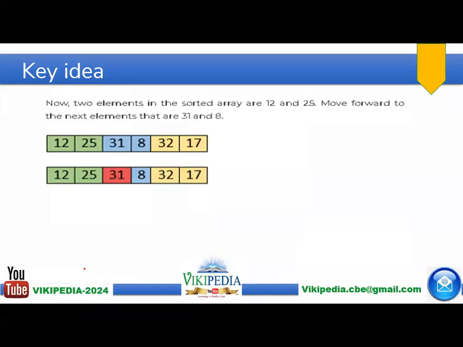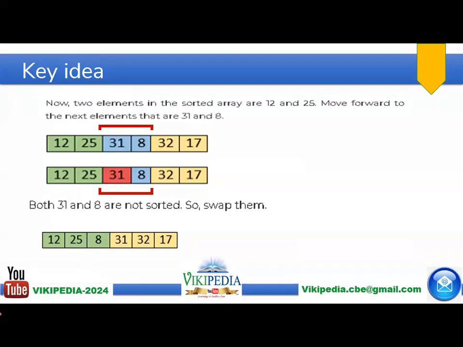Now we go to the next two elements, 31 and 8. Again we compare: 31 is greater than 8. So what do we have to do? You have to move this greater element towards the right, which means you swap 8 and 31. Once you swap them, it becomes 12, 25, 8 and 31.